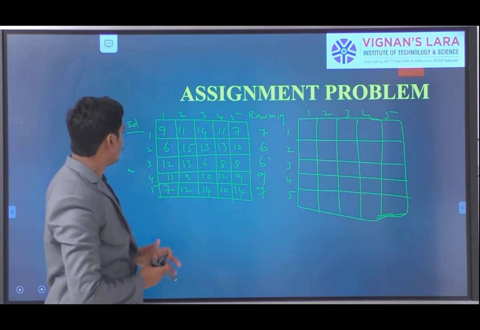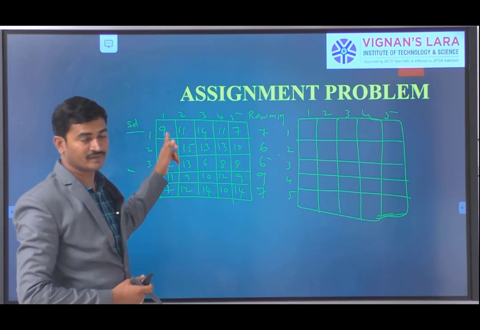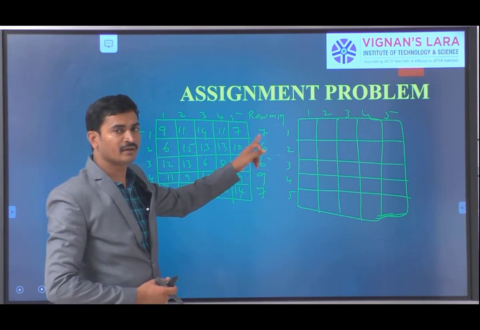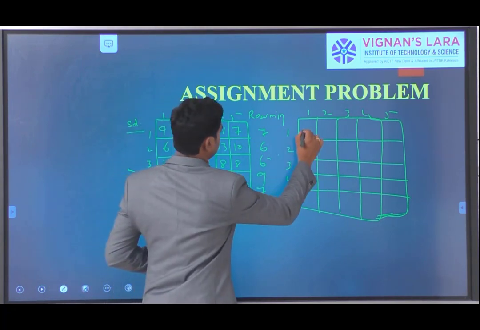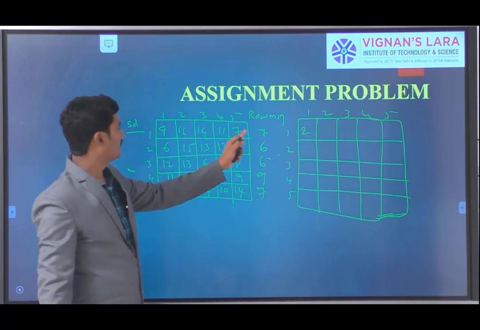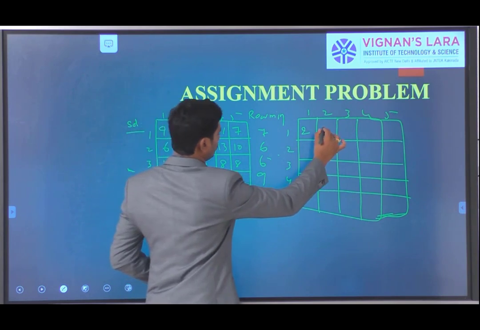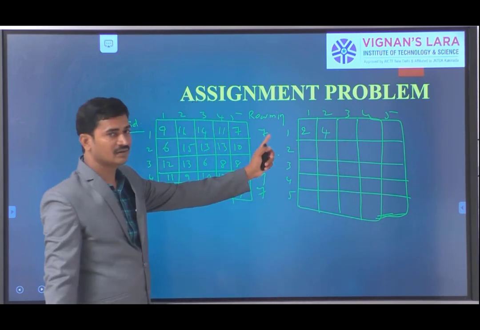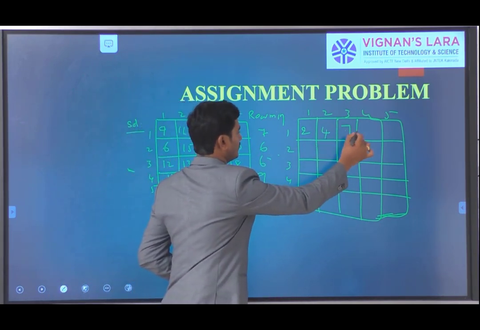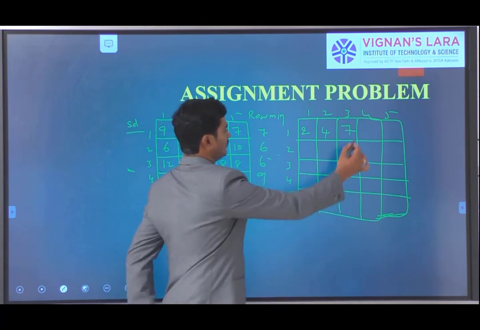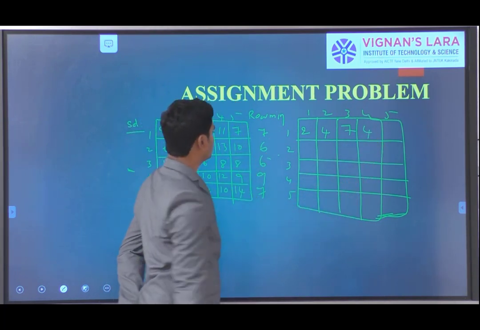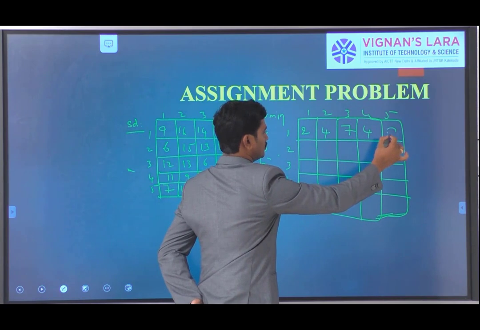Coming to the first row, first cell we have 9 hours. The minimum value is 7. 9 minus 7, 2. 11 minus 7, 4. 14 minus 7, 7. 11 minus 7, 4. And 7 minus 7, 0.